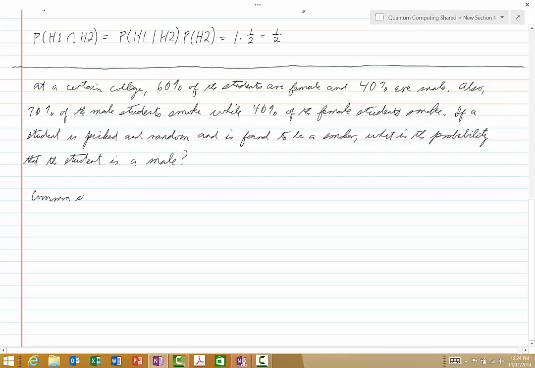And this is by far the one that I see most often from students when they attempt a problem like this on a test. They would start by supposing there are 100 students.